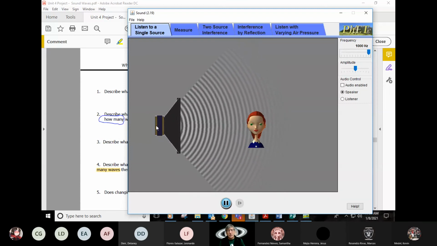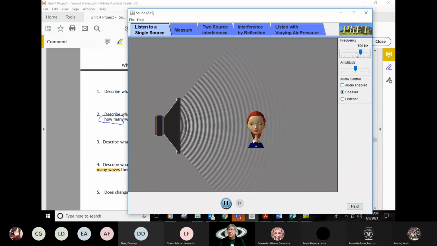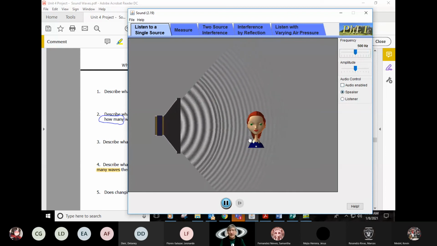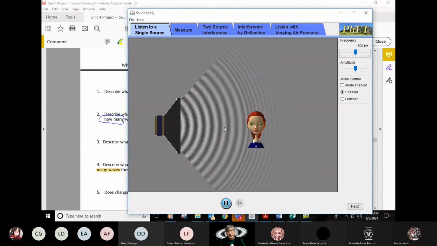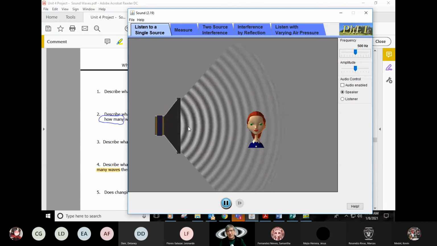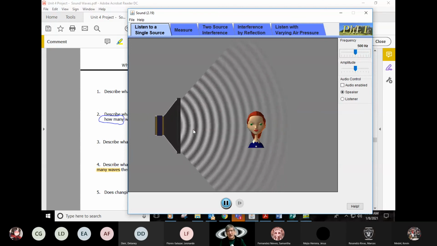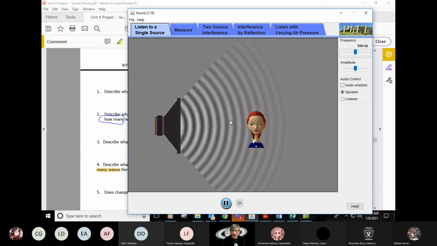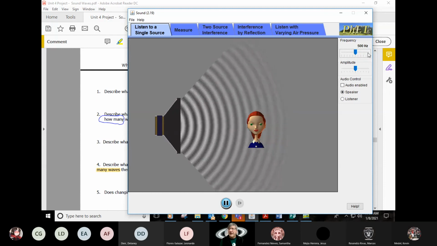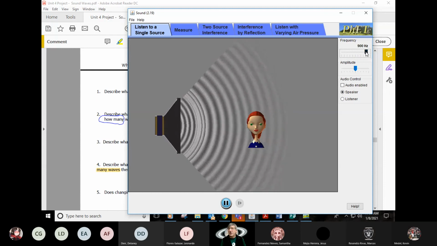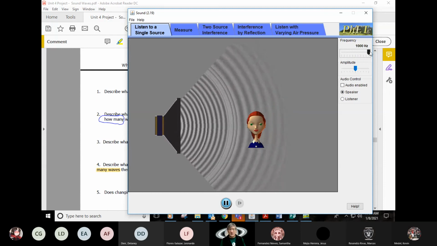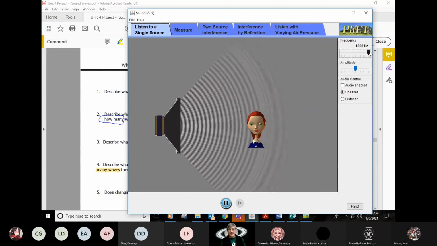So for question 2, describe what they look like, how they changed from here, 500, how thick are they? How fast are they moving out of the speaker? How many are coming along? And then compare that to the 1,000 hertz frequency.